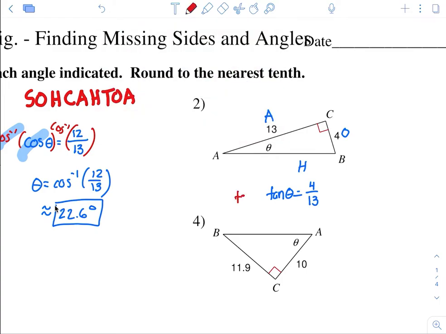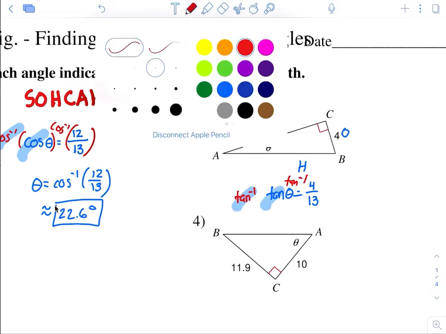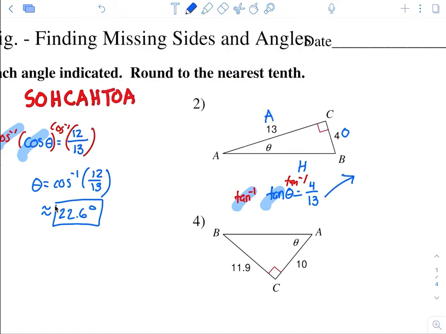I'm going to take the tan inverse of both sides, because then these cancel. We're left with theta is equal to tan inverse of 4 over 13. Insert this into your calculator or Desmos: tan inverse of 4 divided by 13, which is 17.1 degrees.